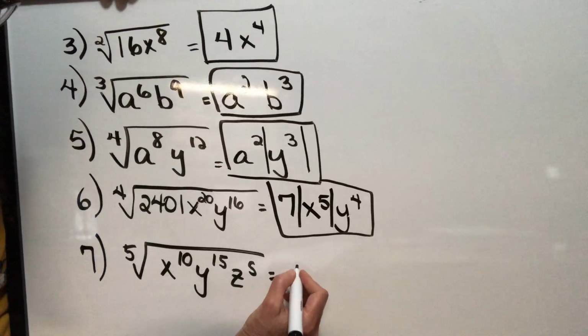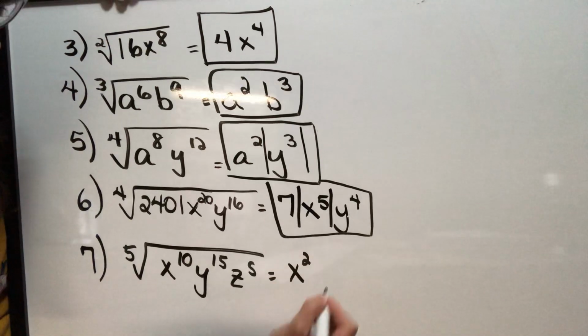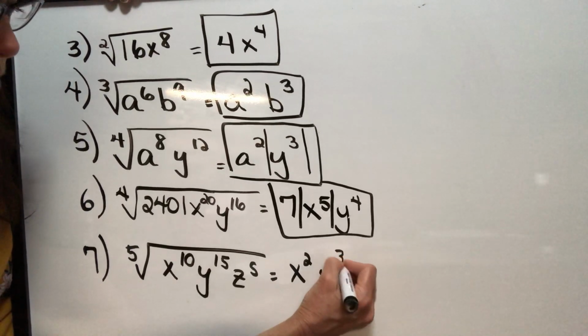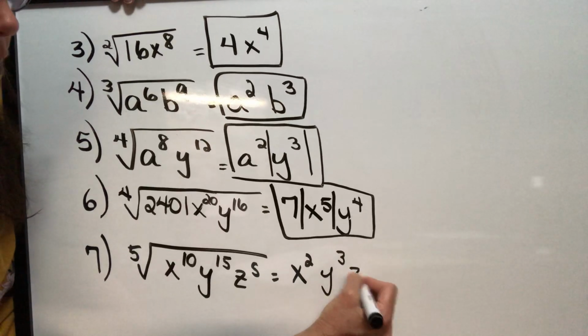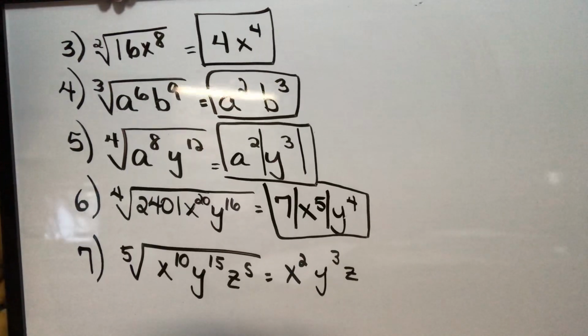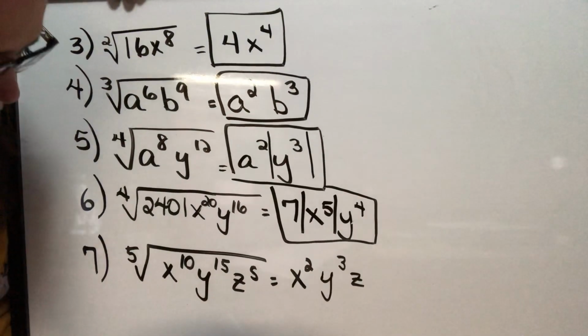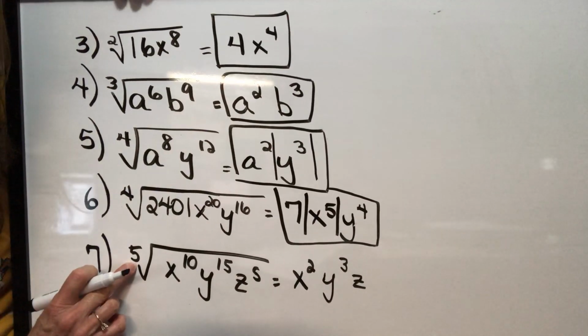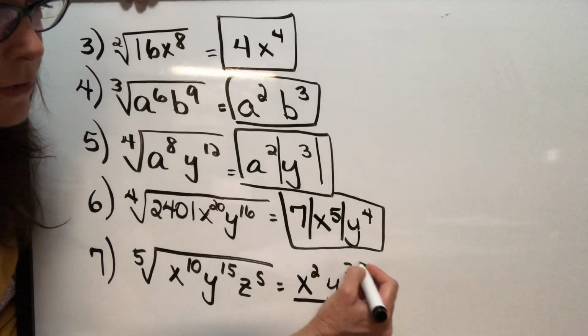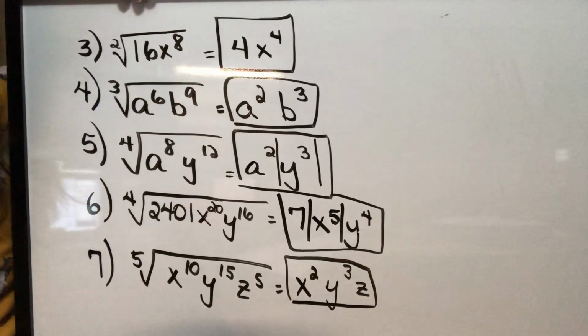So x to the 10th divided by 5 will be x squared. y to the 15th divided by 5 would be y cubed. And 5 divided by 5 is 1. You don't need to write a 1. It's understood that that 1 would be there. Does it need absolute value? No, it does not. Because the root is odd here, that means you can have a negative number under the radical. So this does not need absolute value.